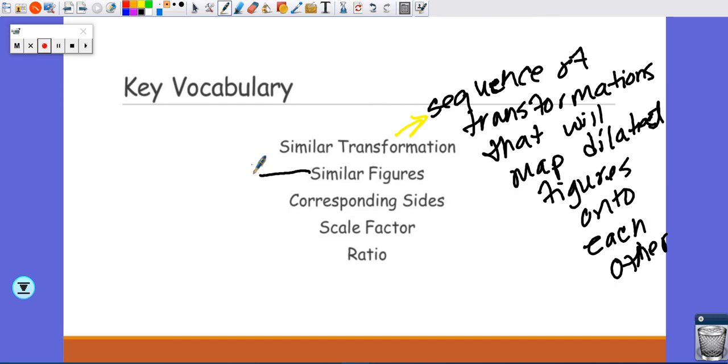So, what's the definition of similar figures? Same shape, different sizes.